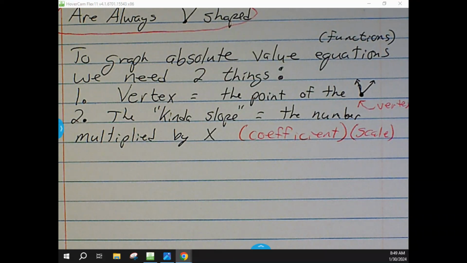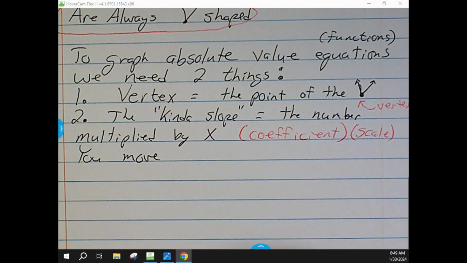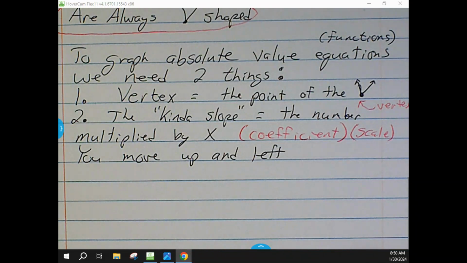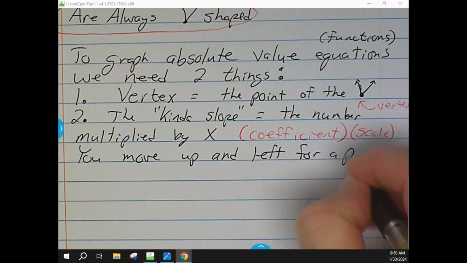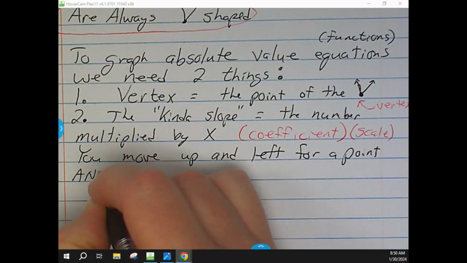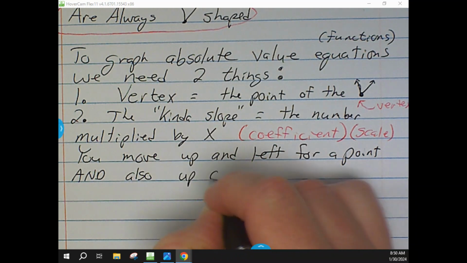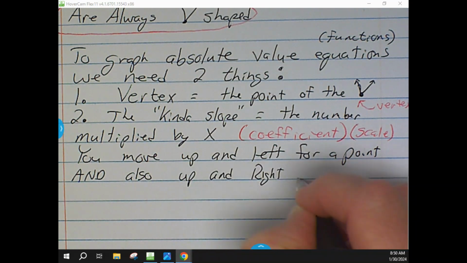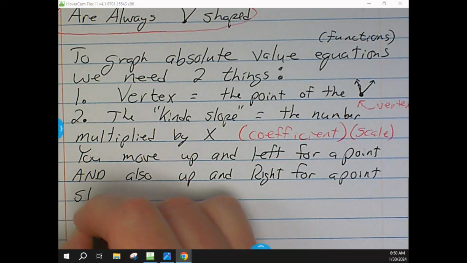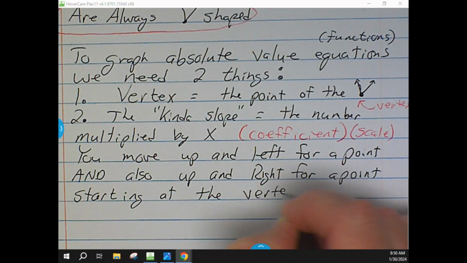When you're figuring out what the kind of slope is, you're going to move up and left for a point, and then also up and right for another point. But you always have to go back and start at the vertex.